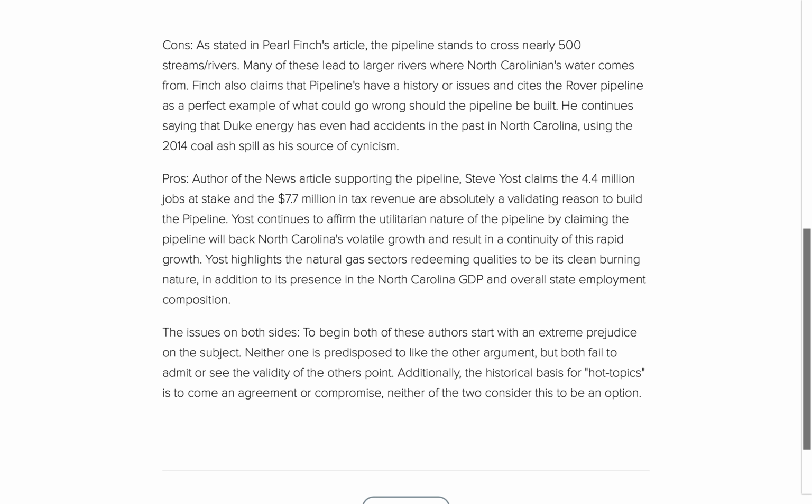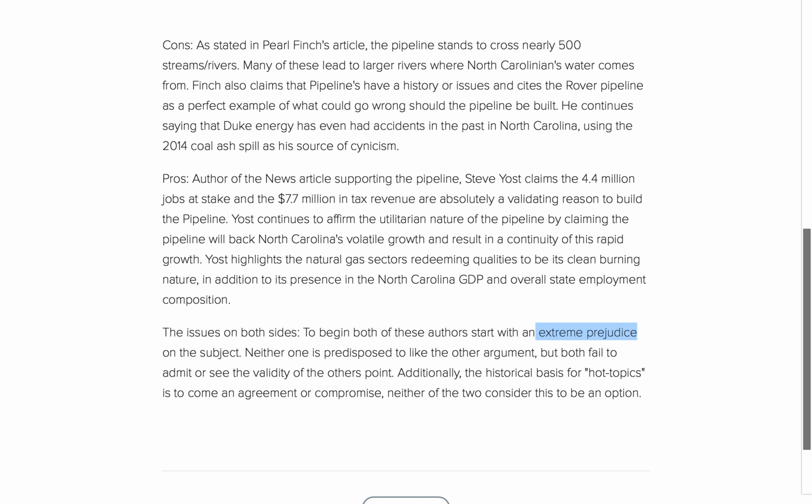Right here, you're kind of just summarizing, and this part is the only part in here where you're actually interacting. And you want to be careful about your language. When you say extreme prejudice, it comes off like your own writing is actually extremely prejudiced, because you're taking that kind of position.